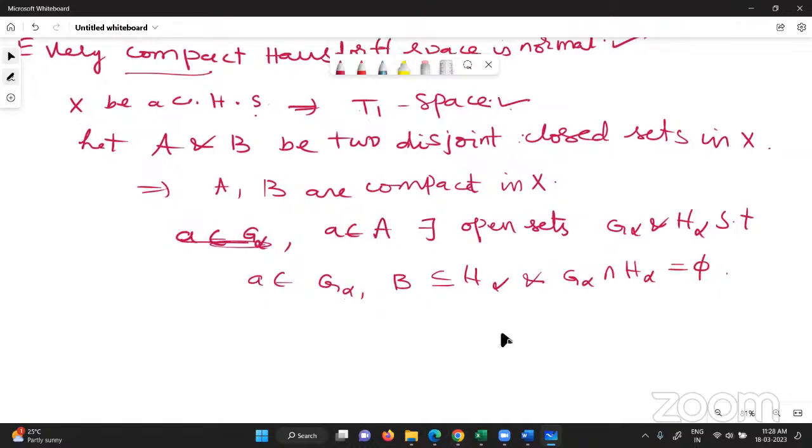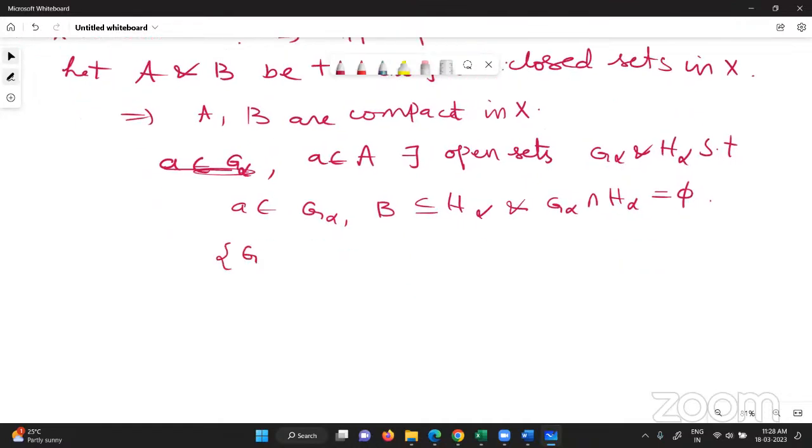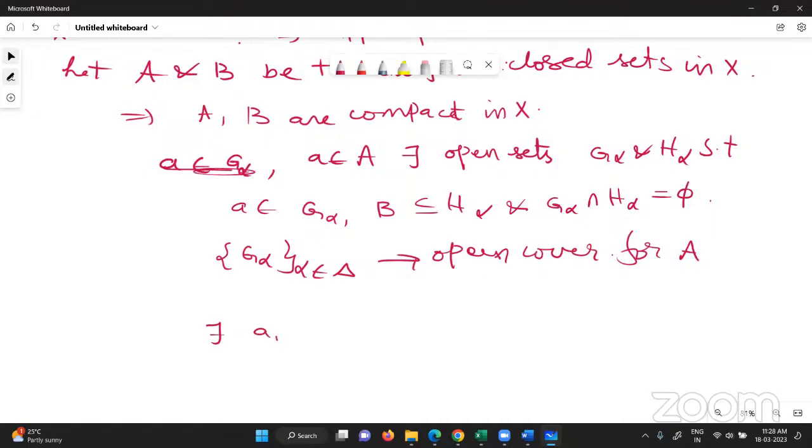Now take the G alpha, open sets for alpha belonging to delta. This is an open cover for A. A is compact, so there exist a1, a2, etc., an such that every open cover has a finite subcover. That is, A has a finite subcover, G alpha i, for i equal to 1 to n.